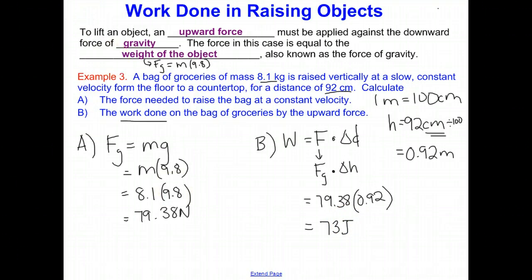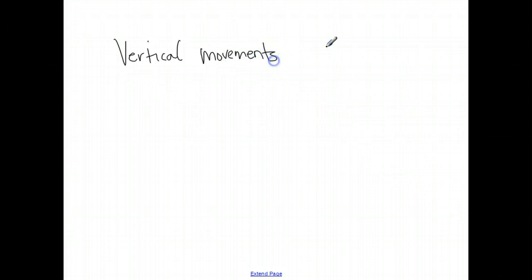Okay, and one last thing I wanted to go through. You're going to be asked to solve questions, so be on the lookout for this. Vertical movements mean that this equation becomes this.